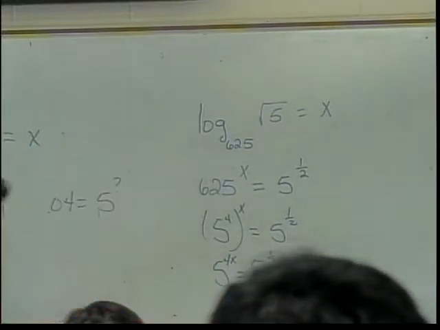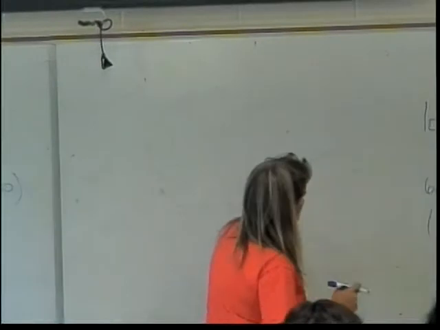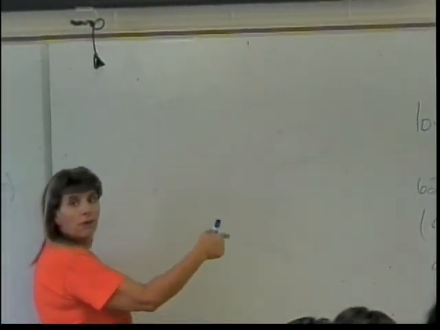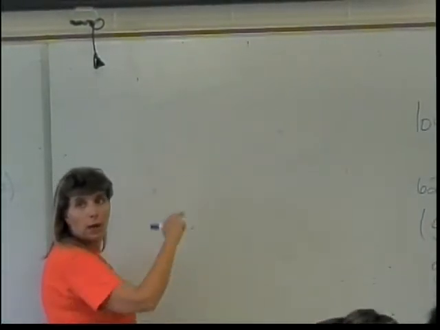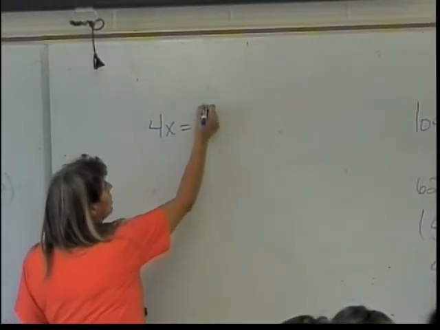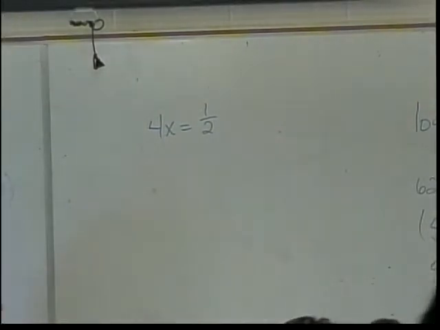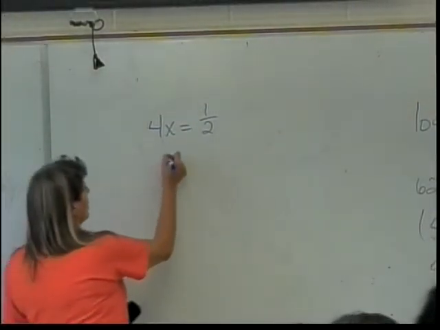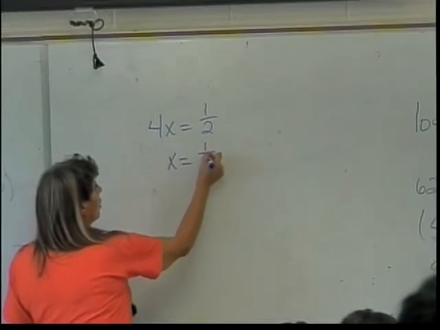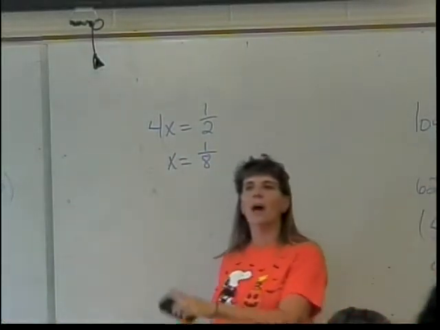We'll work our way backwards. Since I've got 5 to a power equals 5 to another power, the powers have to be the same. That means 4x is going to have to equal 1/2. So how do I find out what x is? Divide by 4. So x must be 1/8. So this answer would need to be 1/8.